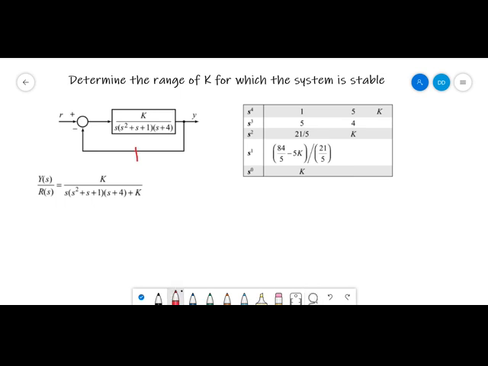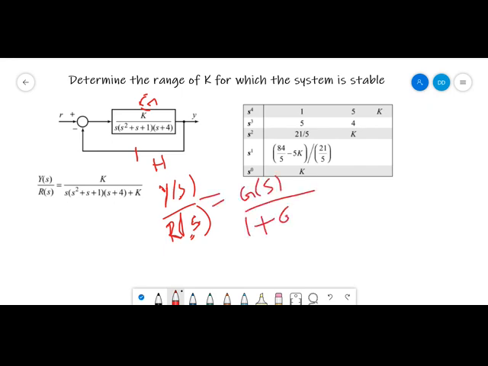Our transfer function is of the form Y(s) by R(s), and if this is G and this is H, a closed loop transfer function will be of the form G(s) divided by 1 plus G(s) into H(s).